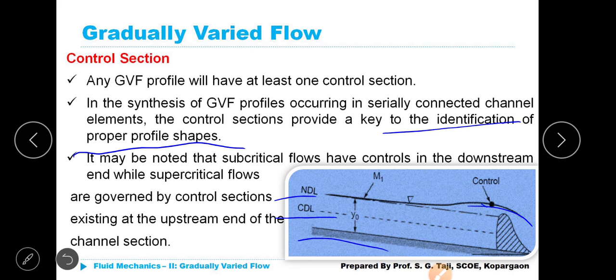It may be noted that subcritical flows have controls at the downstream end, while supercritical flows are governed by control sections at the upstream end of the channel section. So it always controls, and the engineer will also come to know up to what length these profiles occur.